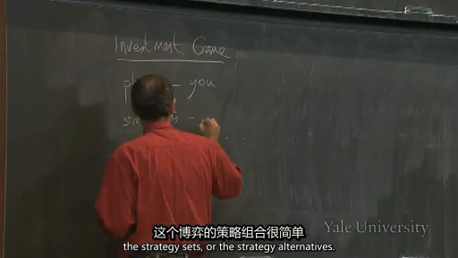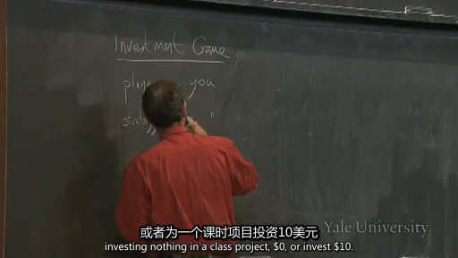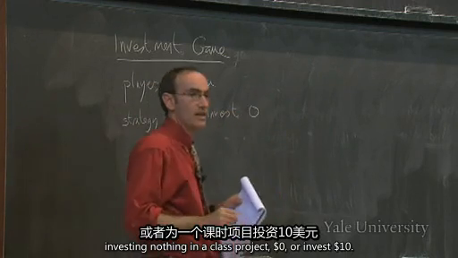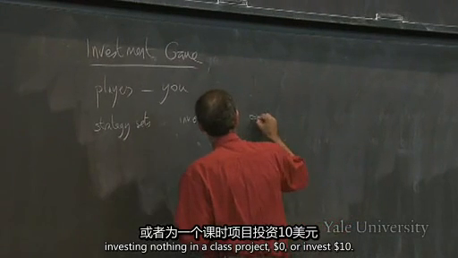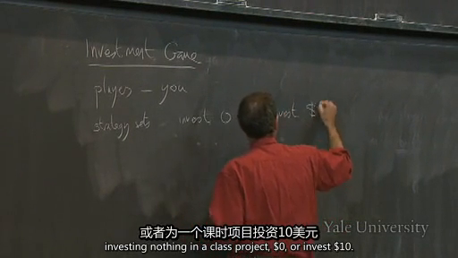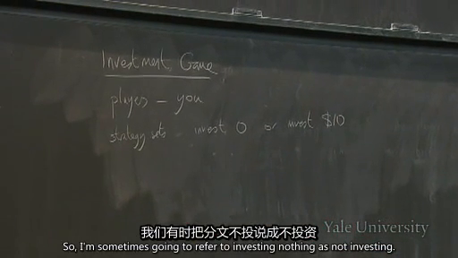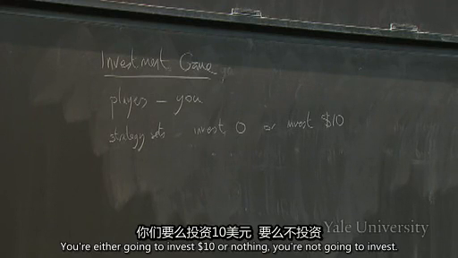Each of you can choose between investing nothing in a class project, 0, or investing $10. All right? So I'm sometimes going to refer to investing nothing as not investing. Is that okay? It seems like a natural thing. So you're either going to invest $10 or nothing, i.e. you're not going to invest.